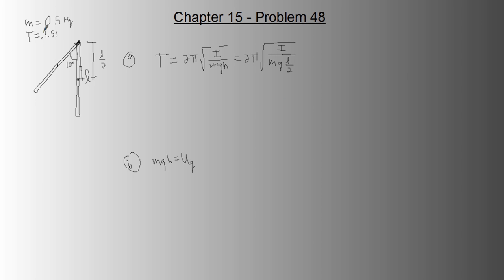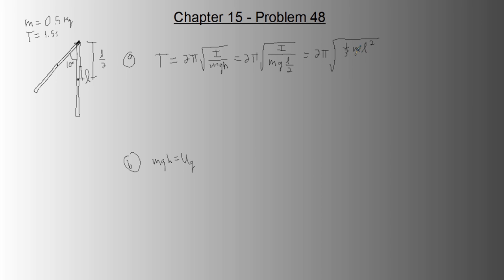So the other thing to remember is, what is the moment of inertia, the I, of a thin rod pivoting at the end? So maybe you remember that from back in the good old days of chapter earlier. 1/3 ml squared. That comes, by the way, from the moment of inertia of a rod pivoted at the center, which is 1/12 ml squared, plus the parallel axis theorem, where we do m times this distance squared.